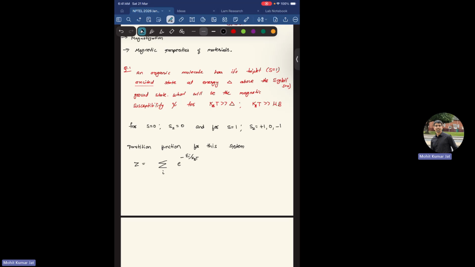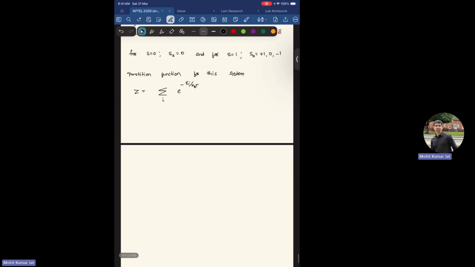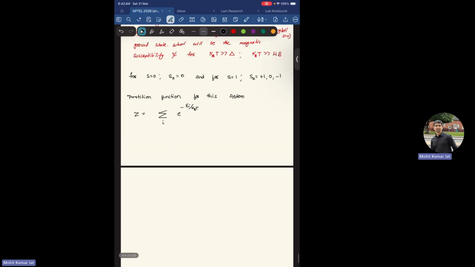Right, that's how we write it. Now let's write the energies for different spins. If I denote my energies as, this is my S part of energy and this is my Sz part of energy. That's how I denote it.